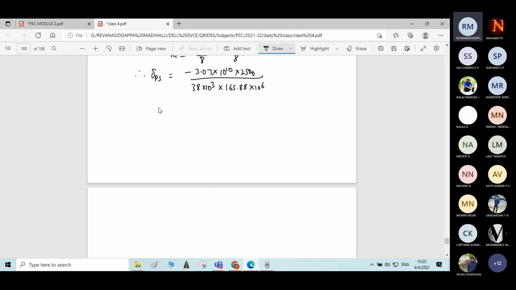If we calculate the answer, it will be minus 12.2 mm. Okay, negative sign indicates deflection is in upward direction due to prestress.